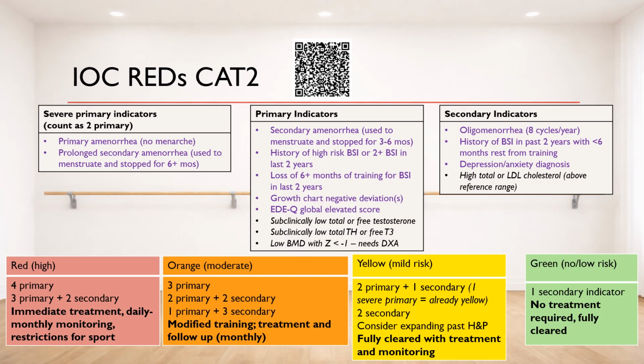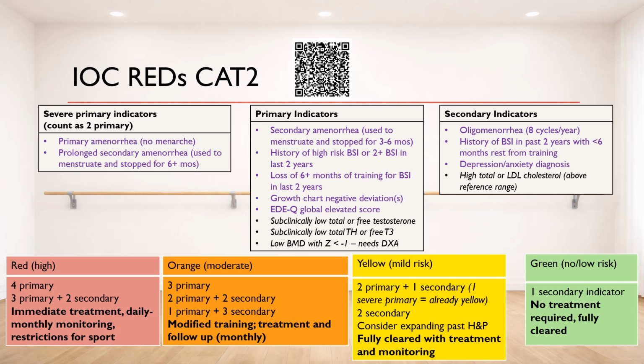We think about the anterior tibia, femoral neck stress fractures, just to name a few. Another risk factor in the primary indicators is if somebody's had 2 BSIs or bone stress injuries anywhere in the body, so 2 in the past 2 years, or if they had to lose 6 months or more of training related to bone stress injuries.